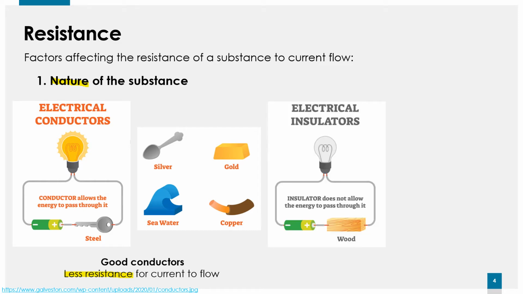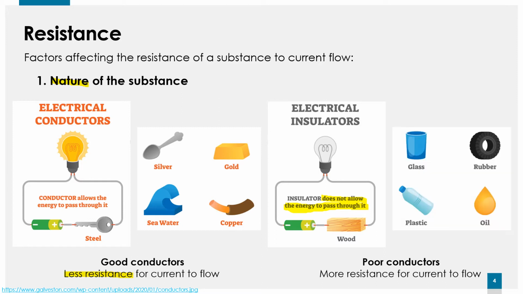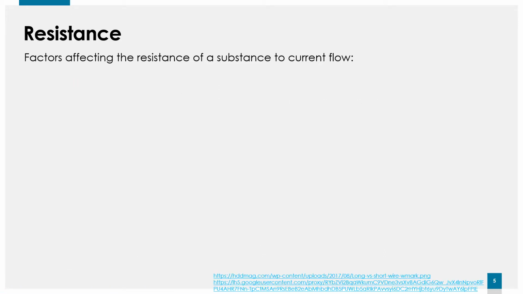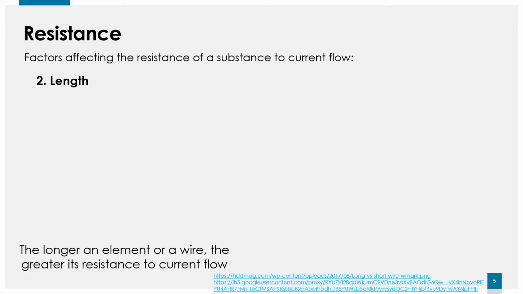And the contrary, electrical insulators, they are poor conductors because they do not allow energy to pass through them, okay, or just allow a little bit to pass. So they have more resistance for current to flow. For example, glass, rubber, plastic, oil, and so on. The second factor is the length, okay?